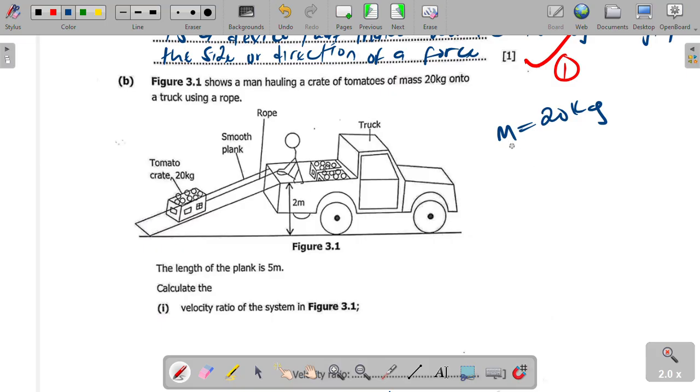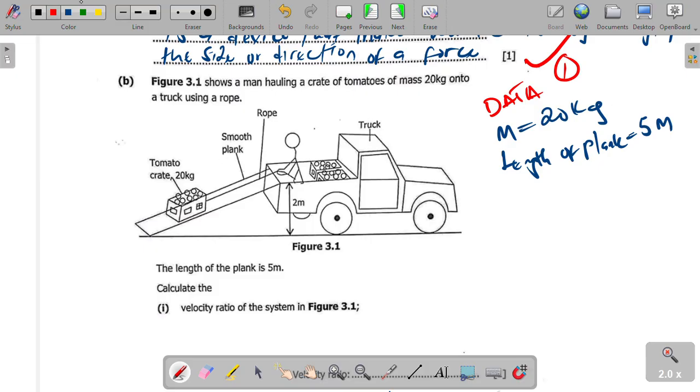So let me write everything: mass of a crate, and then length of the plank. What is the length of the plank? 5 meters. I'm just taking the data, writing only the information we are given.